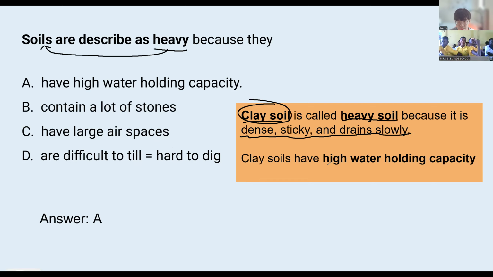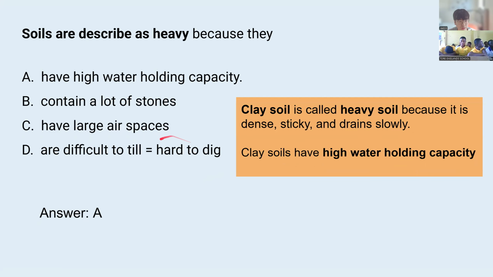So it has high water holding capacity. Remember that if you have smaller air spaces, then the soil has high water holding capacity. Clay does that. So clay, the heavy soil, is called heavy soil because it has a high water holding capacity. Okay.